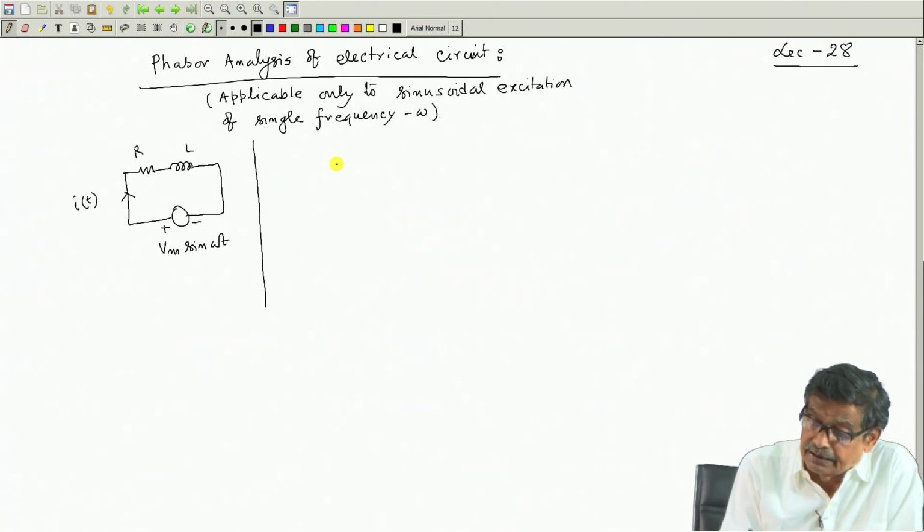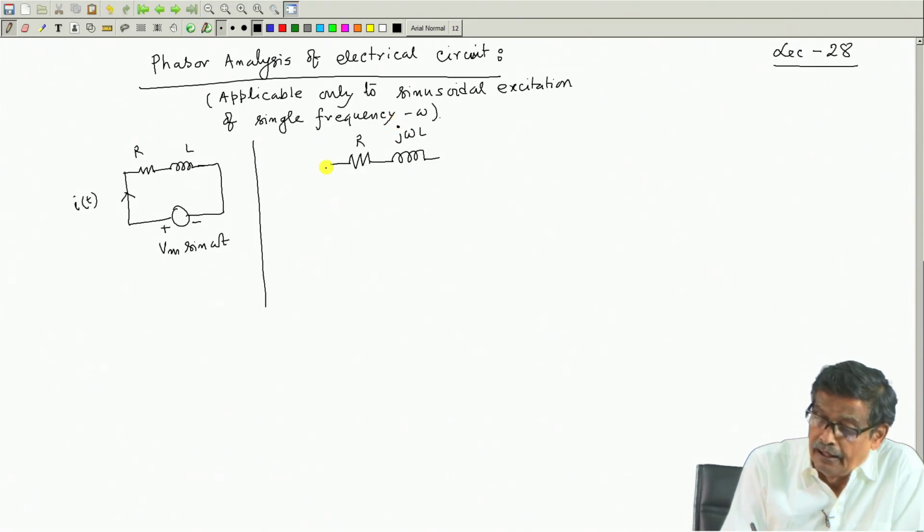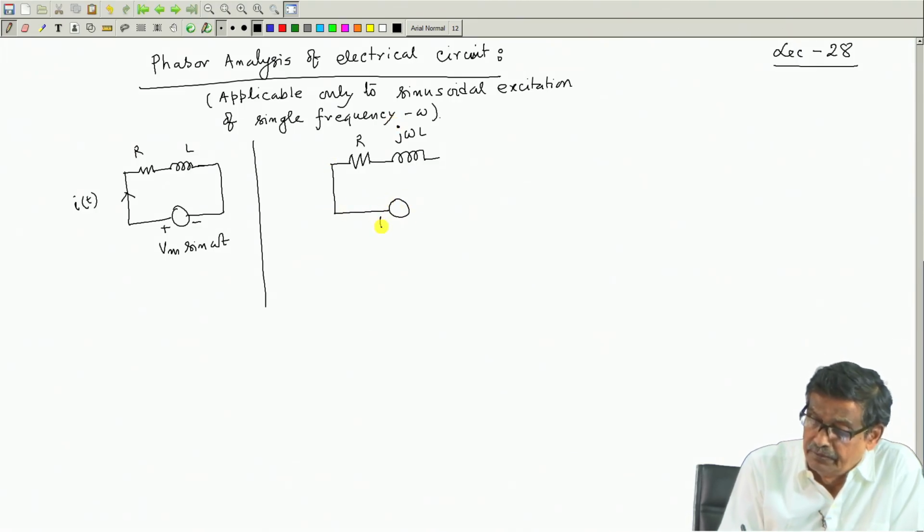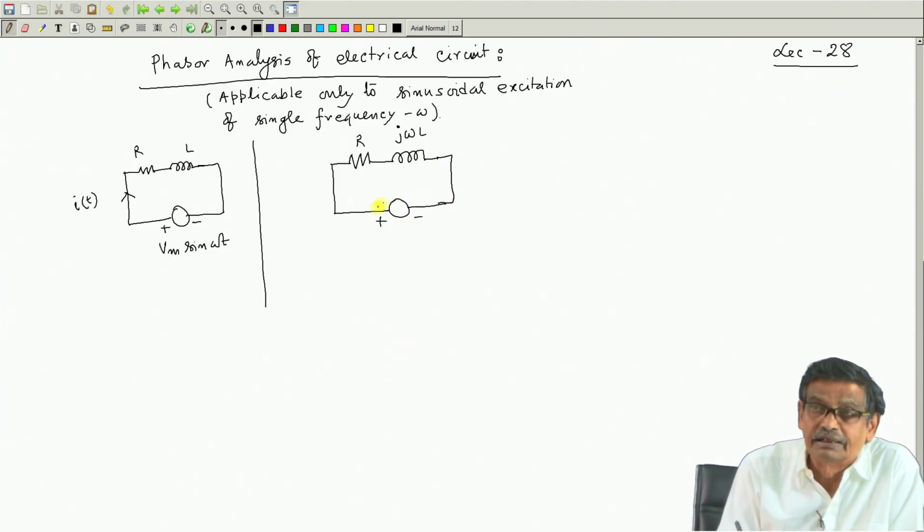Now, this circuit you redraw when you draw the Phasor analysis. R remains R here, but this inductance you replace by j omega L, and this voltage, time will not be present now.